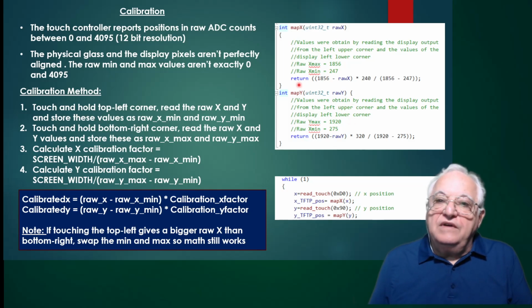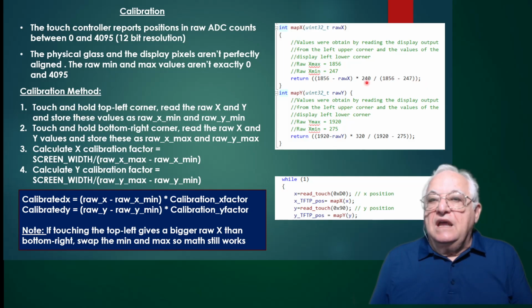So what I do is as follows. To get the X mapping, I get the max X, I subtract from it what I got, my measurement, and then I multiply that by 1856 minus 247, which is the raw max minus the raw minimum. I divide that by 240 and multiply by the number of units that I got, which is the max minus what I got.